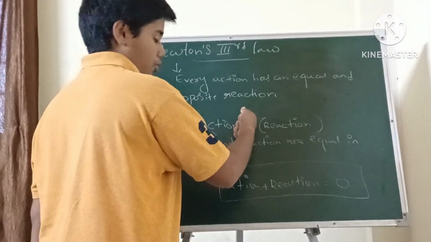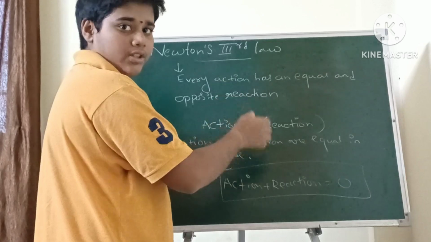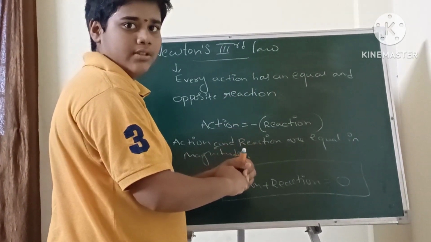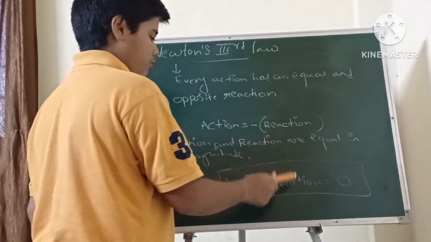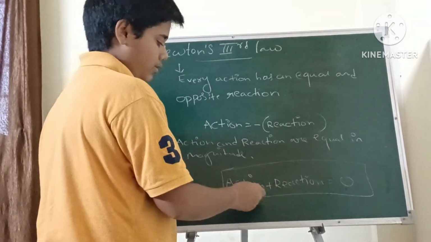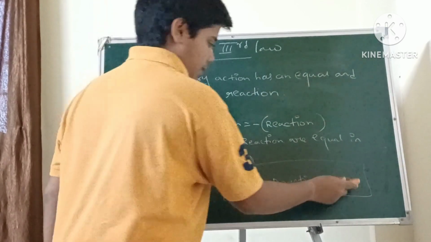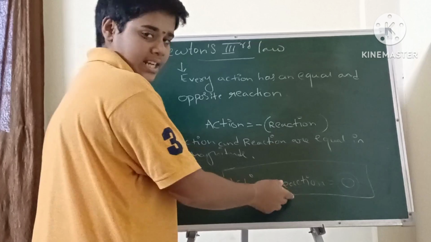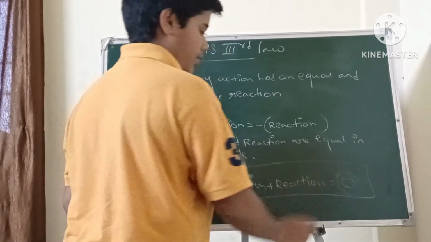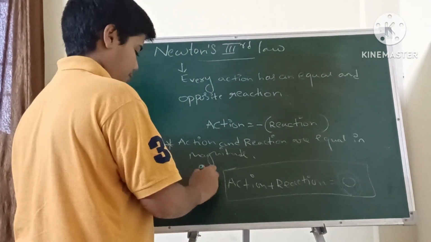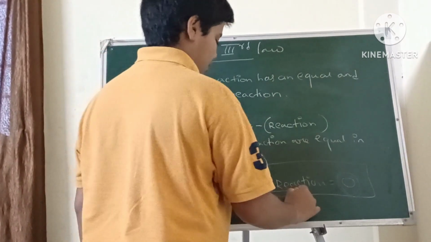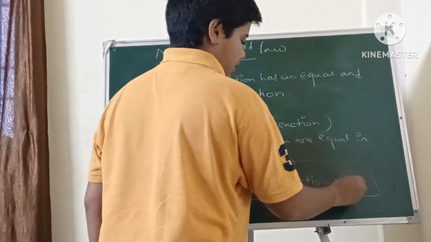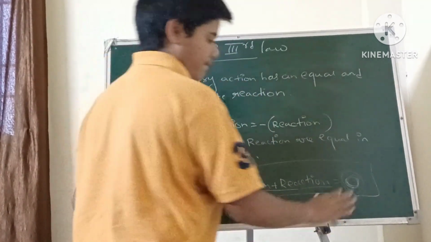If I punch this board, some force will apply and it goes some distance and I will get pain. So action and reaction, when added, become 0. This is a very important point.